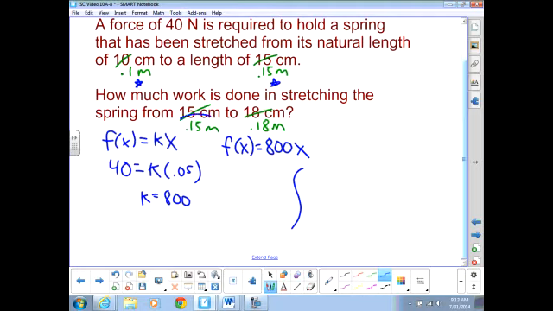So in the problem, if we want to go from 0.15 meters to 0.18 meters, 0.15 meters is 0.05 beyond the natural length. And 0.18 meters is 0.08 beyond the natural length. So your values always have to be the distance beyond the natural length. We had our force function was 800x, and then we've got our dx.